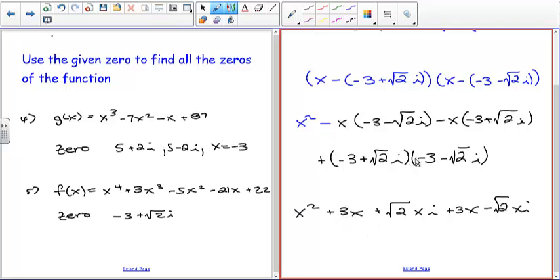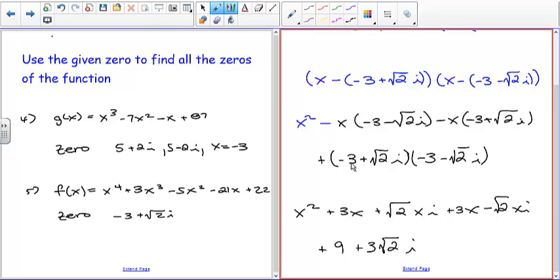Then use FOIL down here. So you have negative 3 times negative 3, which is positive 9. Let's do outer first. Negative 3 times negative square root of 2i. Negative times a negative is positive, so you've got 3 square root of 2i.